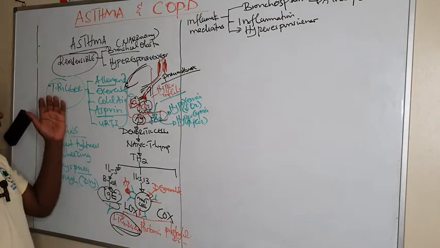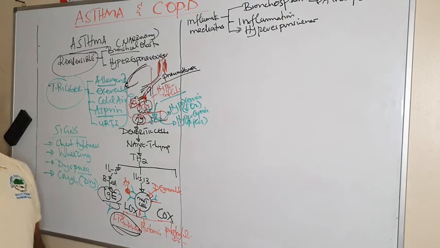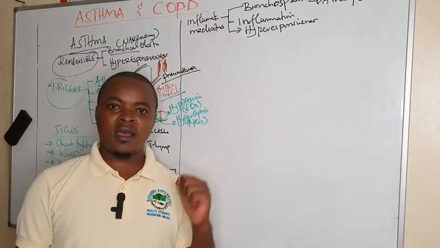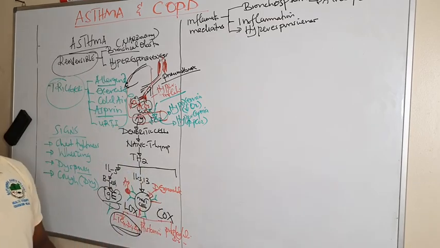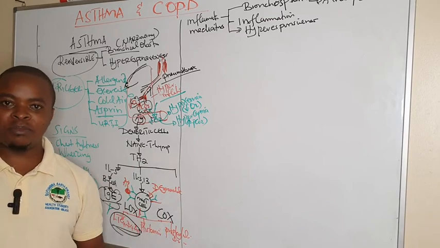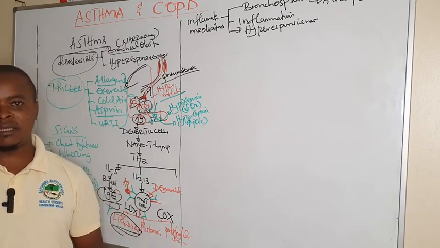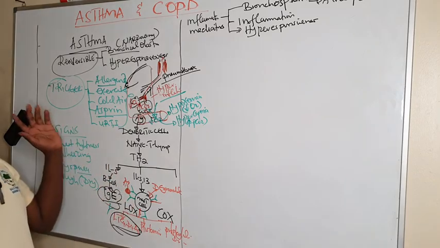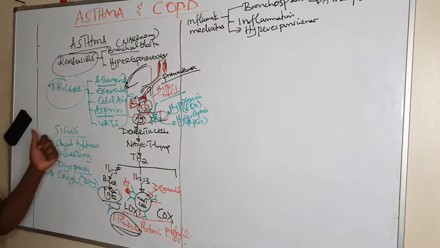So this is the pathogenesis we can discuss under asthma, which we have said is reversible. You can reverse the episodes of asthma attacks, which we have seen. You can know them by looking at wheezing, dyspnea, and cough, which is always dry.